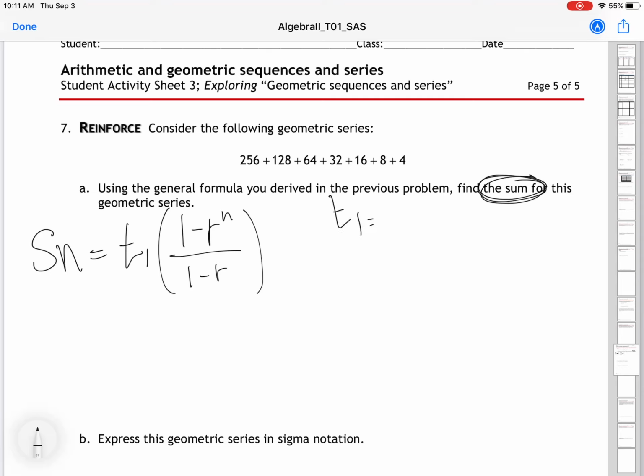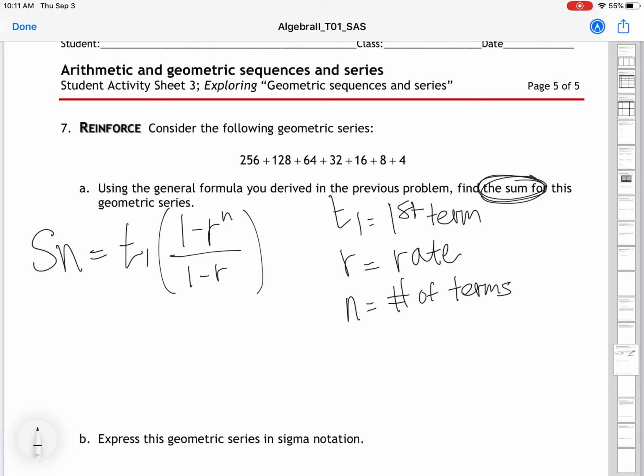I want you to remember that T1 is the first term. R is the rate. And N is the number of terms.